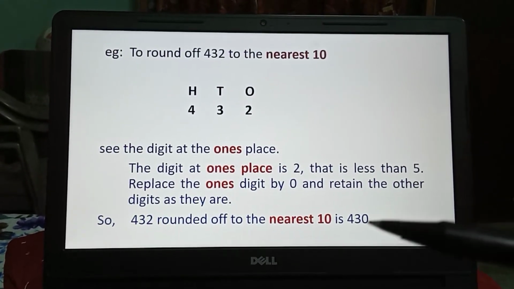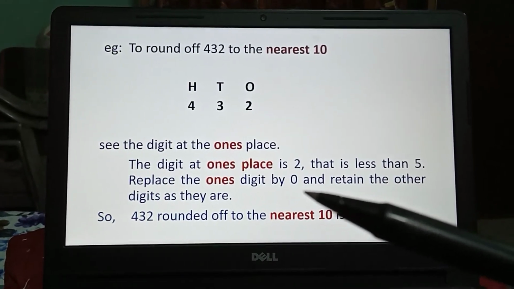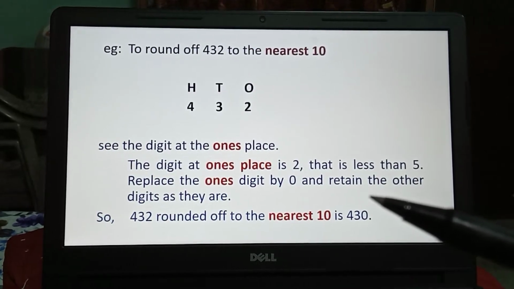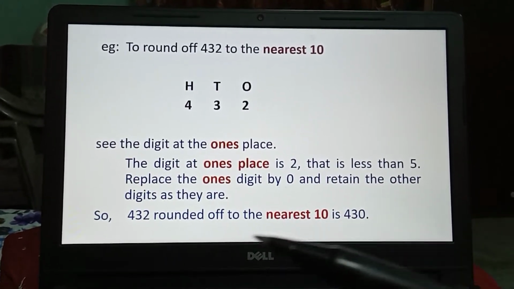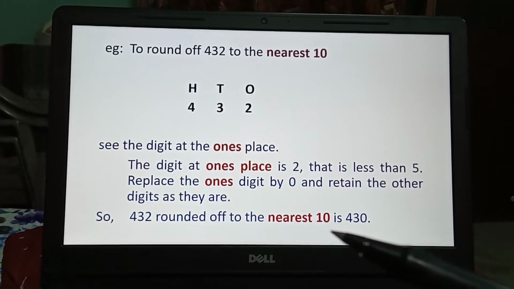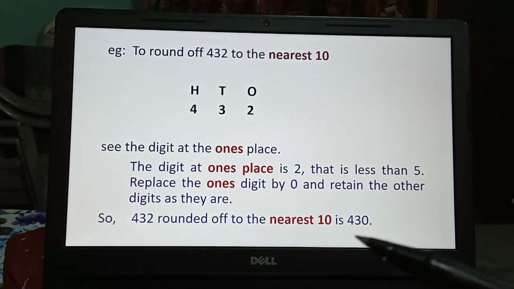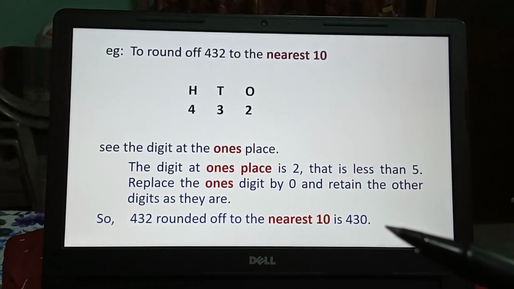So what will we do? We will replace the digit at the ones place by 0 and other digits will be the same. There will be no change in other digits. So when we round off 432 to the nearest 10, the answer will be 430.